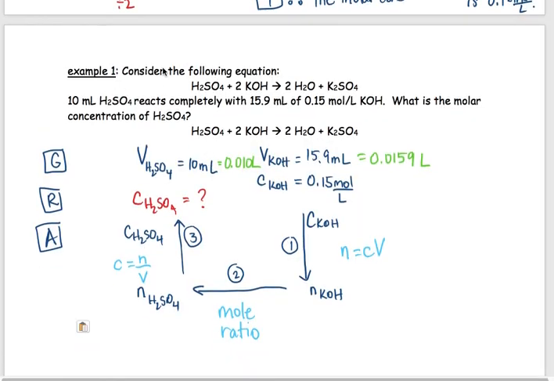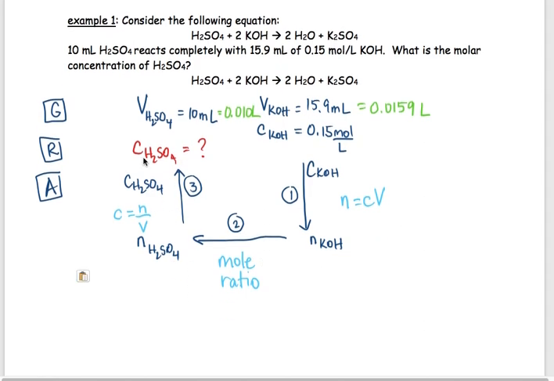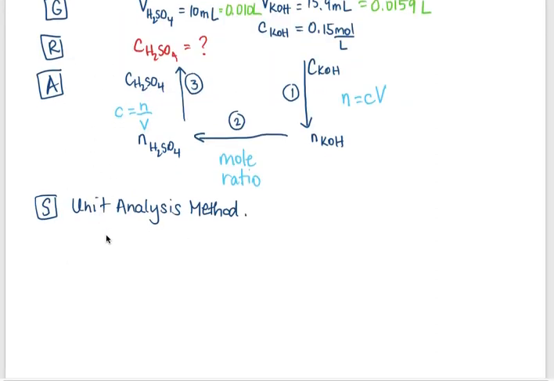I just grabbed example 1 again, grabbed all the information, the given, the required, and our plan here. But we're going to use the unit analysis method instead. So we need to find the concentration of sulfuric acid here.